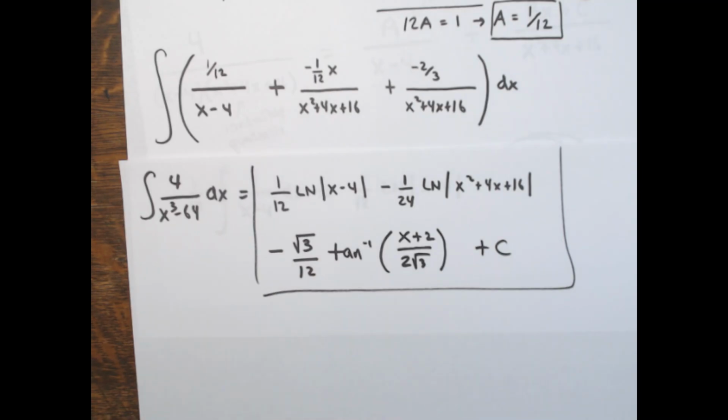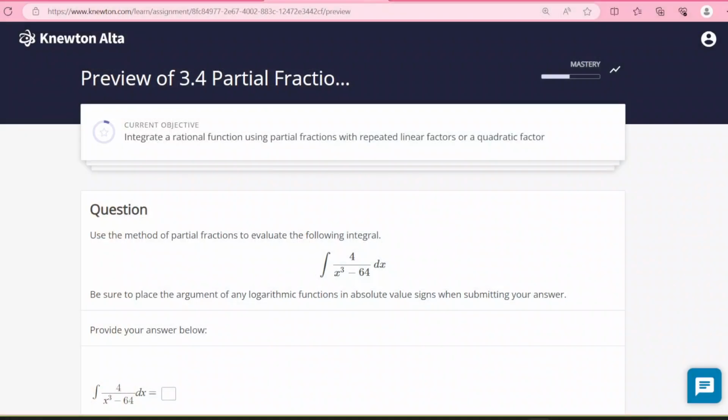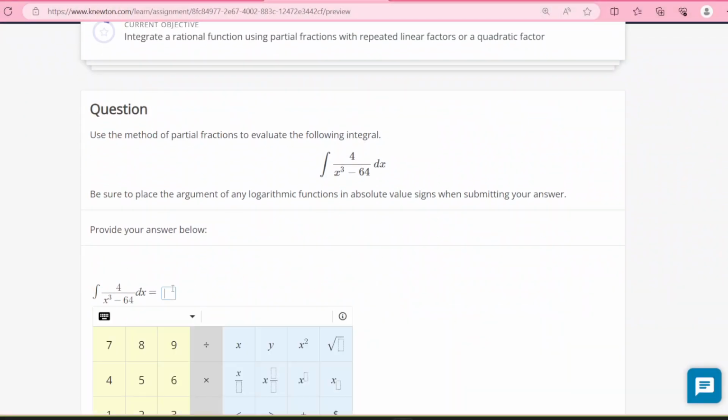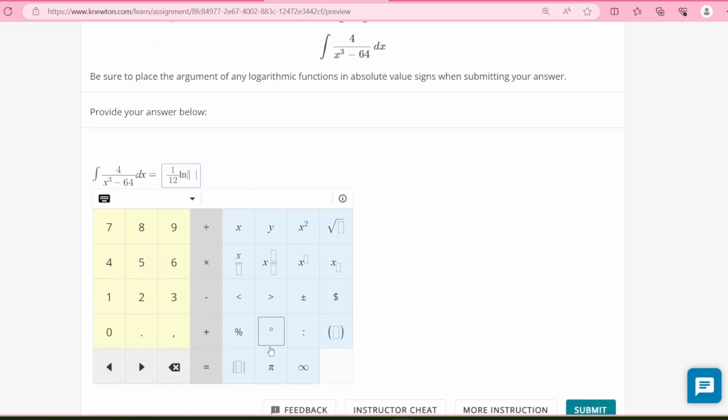All right, so I'm going to type all that in, and yikes, right? That took a bit, but it is doable based on things we've seen in previous sections, and also this section. So 1/12 times the natural log of the absolute value of x minus 4, minus 1/24th times the natural log of the absolute value.